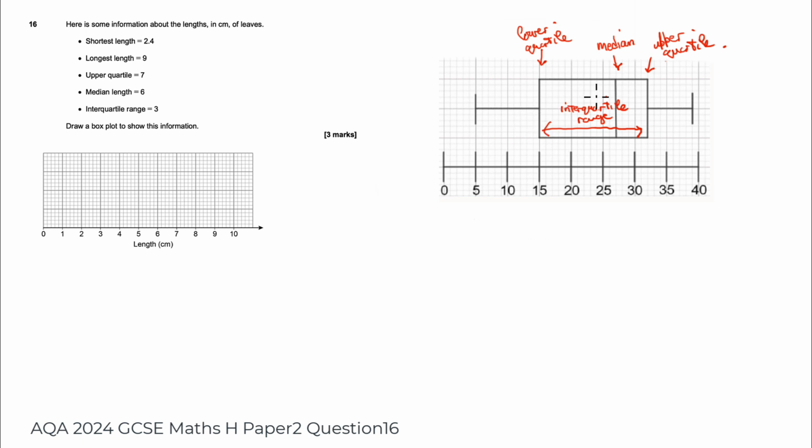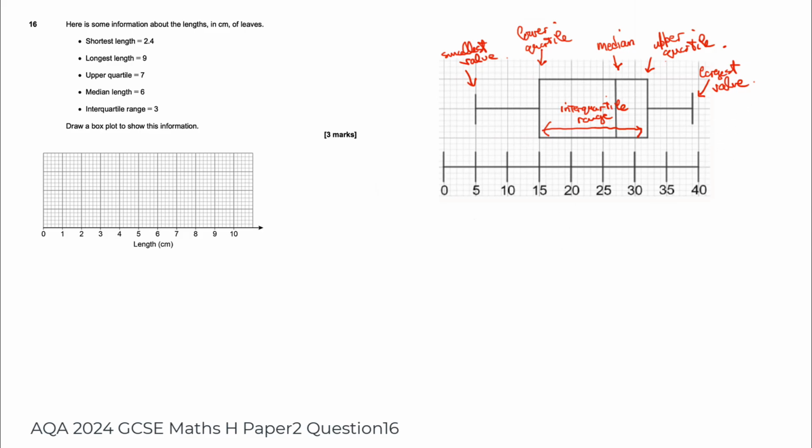So the length of the box shows you the interquartile range. And then there's always, in a bunch of measurements, when you put them in order, there's always a largest value and there's always a smallest value or a least value. So that's basically what a box plot shows you.